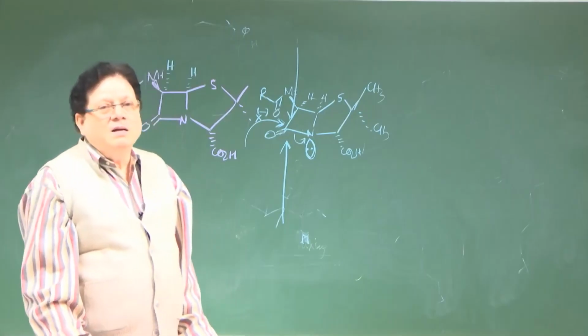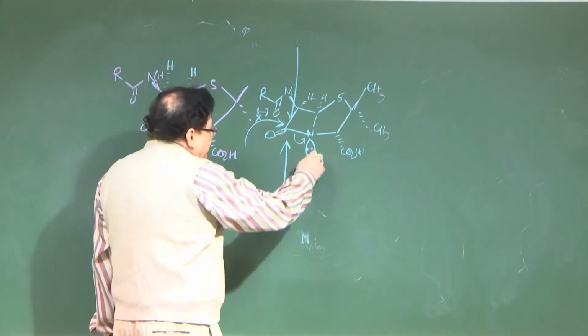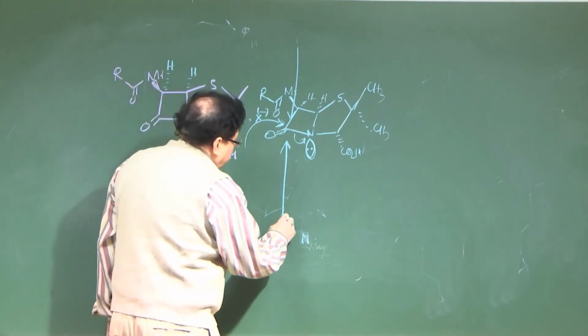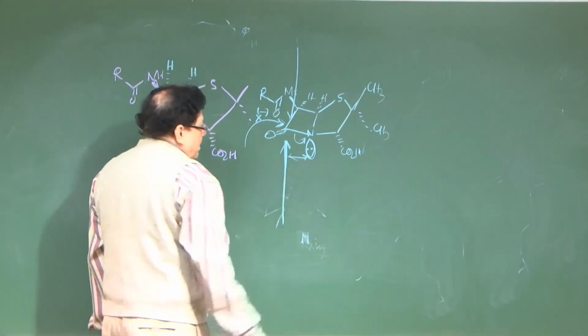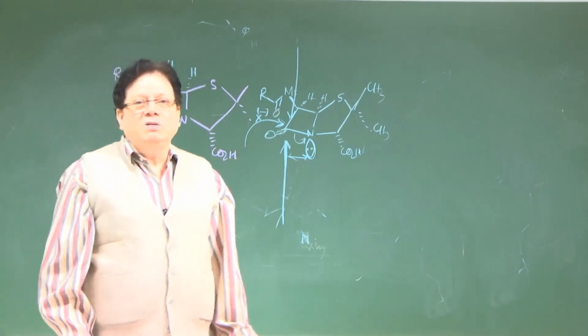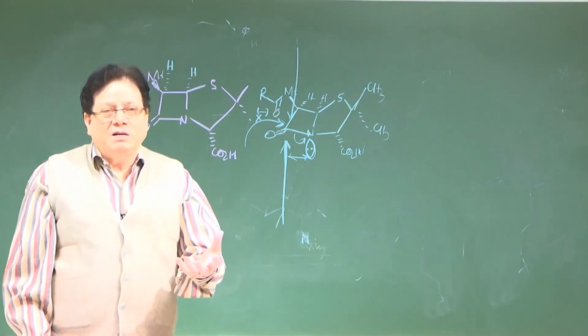Now, I think you can answer this question, because there is a lone pair here on the nitrogen. So, if the nucleophile approaches from this side, then there will be a stereoelectronic violation happening, because it is coming from the side where there is already negative charge present.